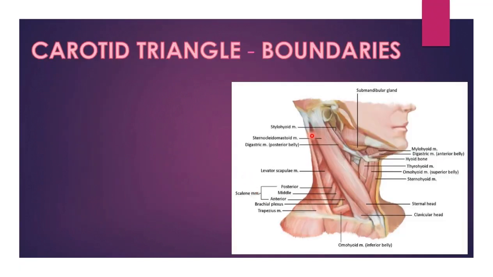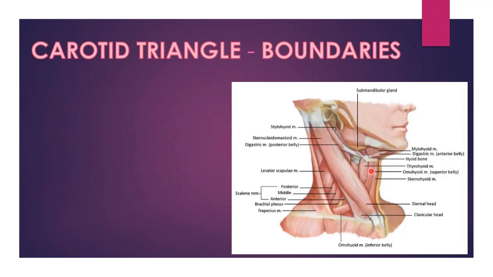Now, coming to the boundaries of the carotid triangle. So this is the carotid triangle which you are visualizing here. The boundaries: posteriorly it is formed by the anterior border of sternocleidomastoid. Posterior-superiorly it is formed by the posterior belly of the digastric muscle.